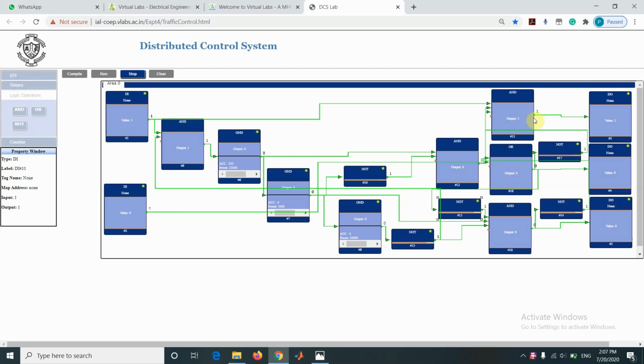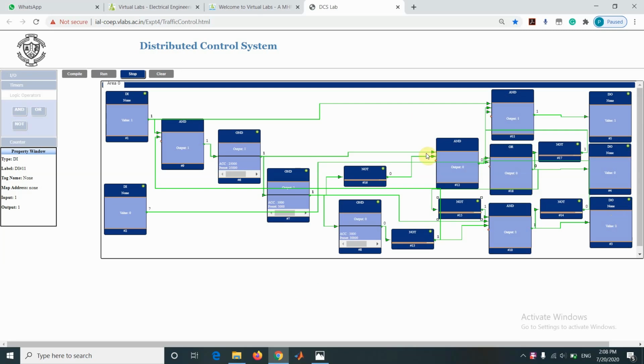So as soon as we toggle the input, we see green light turns on, then yellow light turns on, then red light turns on, then again green light is on, and again yellow is on, and then red is on.